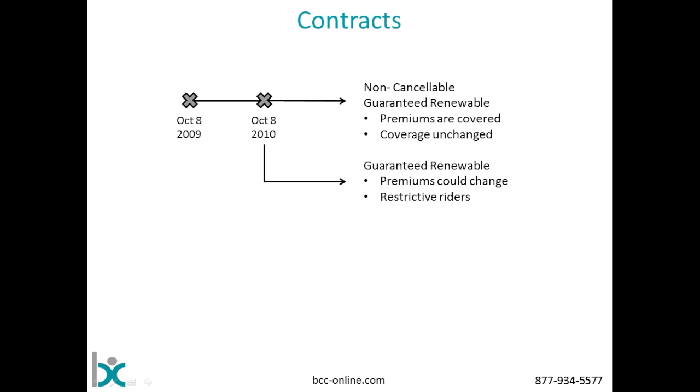Rather, what we'll see here is that my premiums might change based on my class. So let's say that I work as a salesperson. And my class, salespeople in Alberta, have had a high number of claims over this past year.